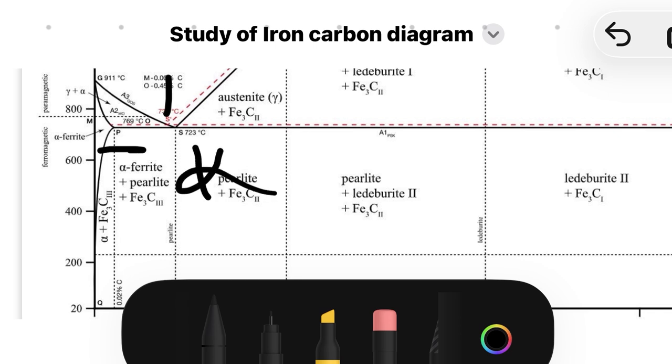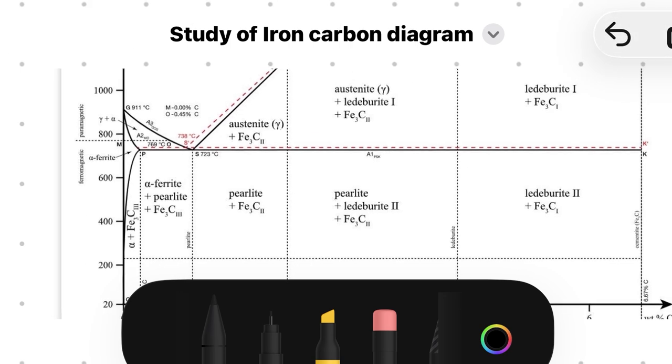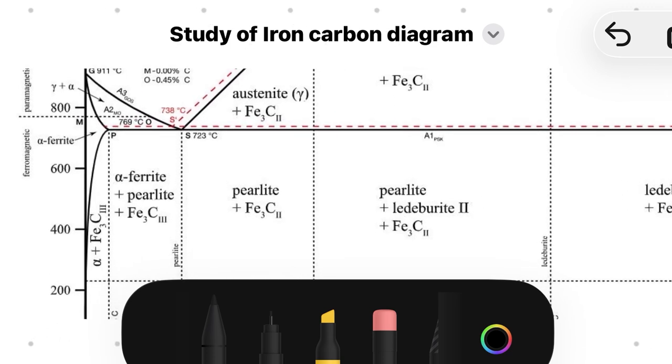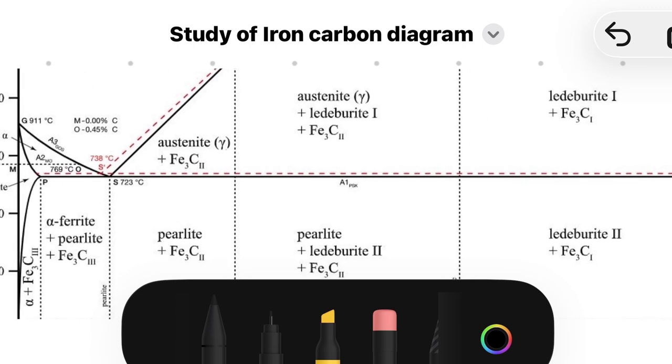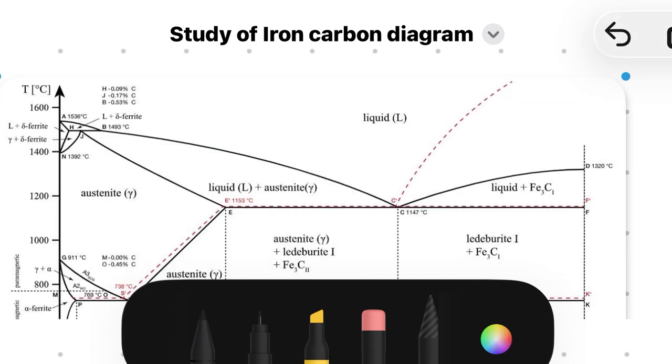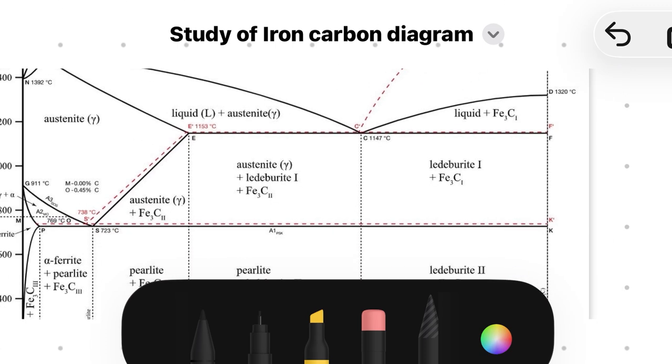Here the phase alpha is ferrite, plus Fe₃C on the right side, which is called the pearlite phase, because you already know that the pearlite structure looks like a lamellar orientation of alpha ferrite and cementite. That's called the eutectoid reaction. These are the major three reactions you can get from the iron carbon diagram.